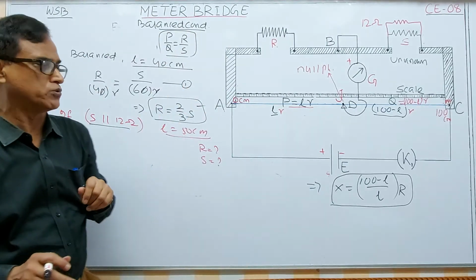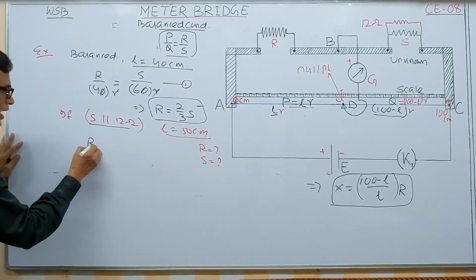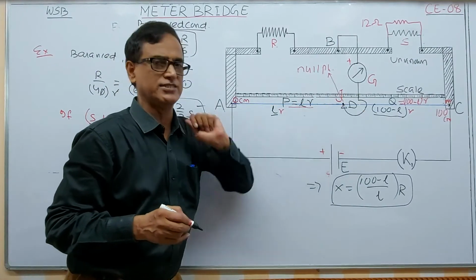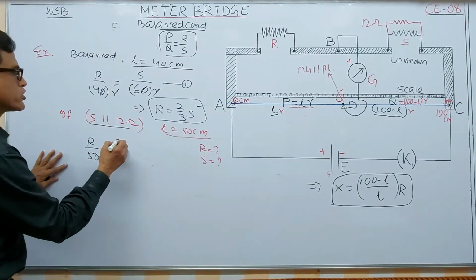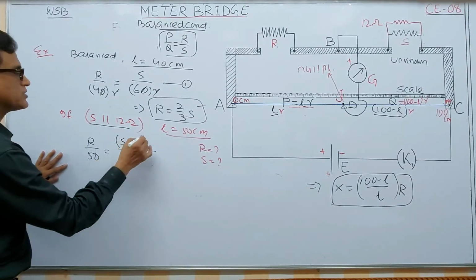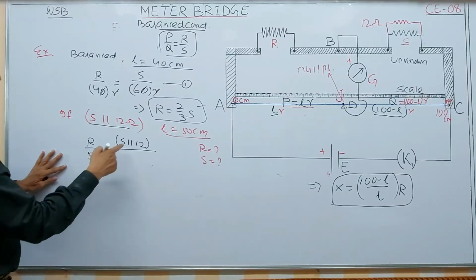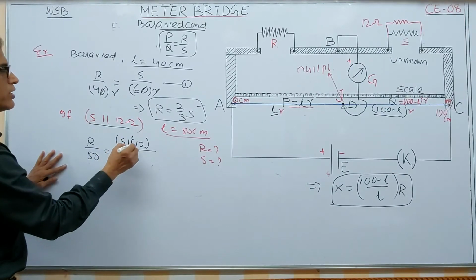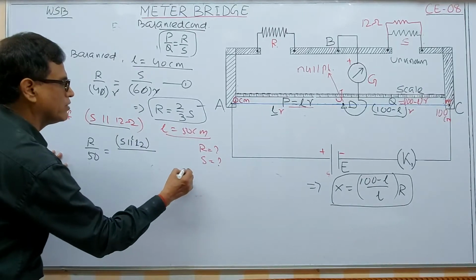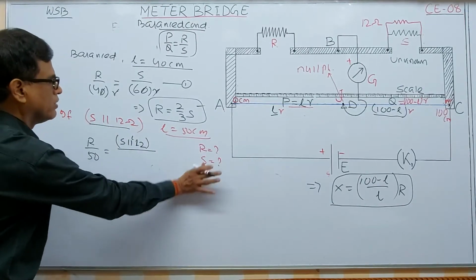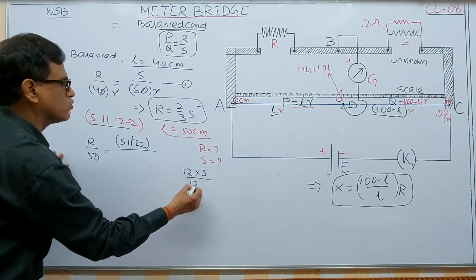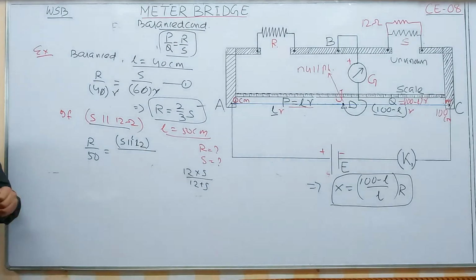It becomes 50. In that case R by 50 equals S parallel 12. The formula for S parallel 12 is 12 into S divided by 12 plus S, R1 R2 by R1 plus R2.